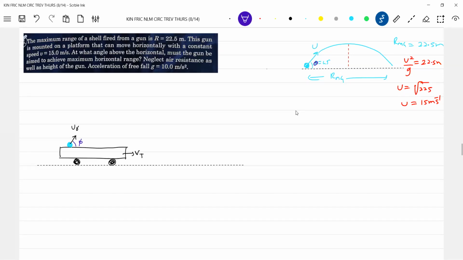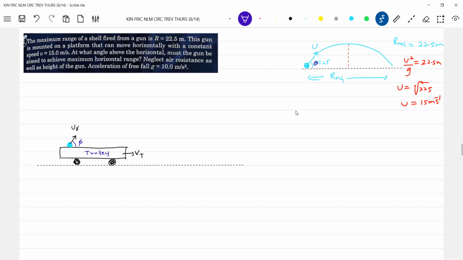As the trolley is moving, the speed of the ball will be relative to the trolley. So what is the time of flight?